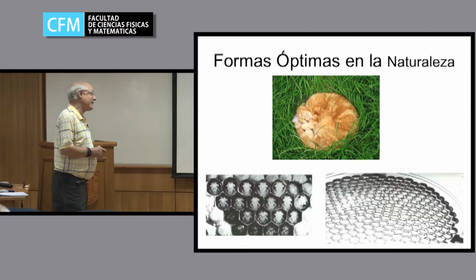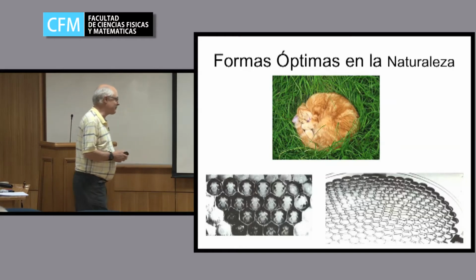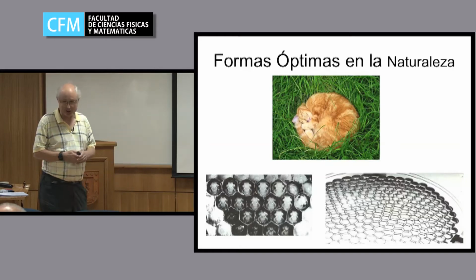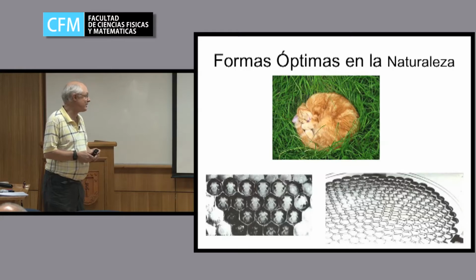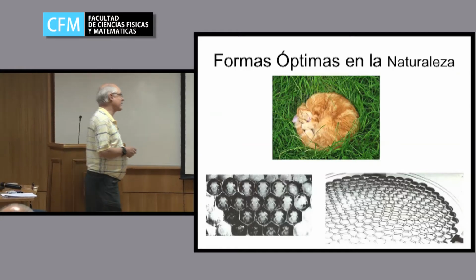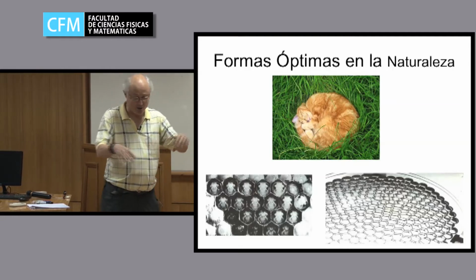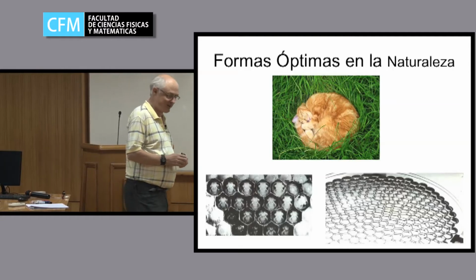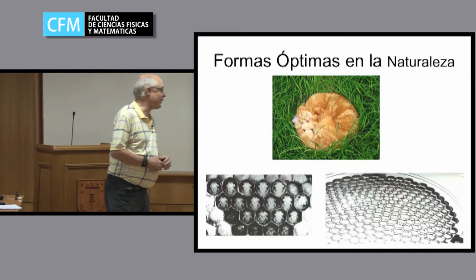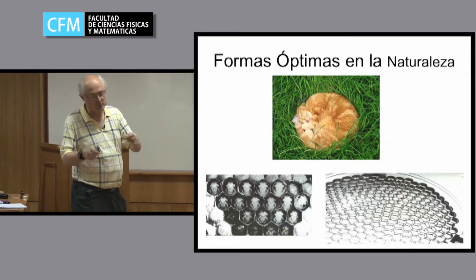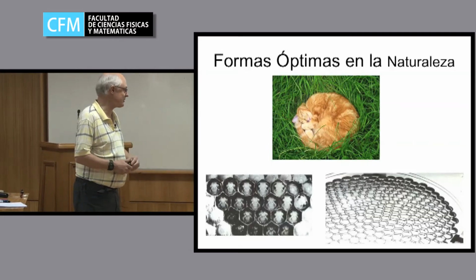And at least if you take the picture where the cat is trying to conserve heat, this makes perfect sense, because you can show mathematically that if you've got some object that's hotter than its surroundings, then it will radiate heat into its surroundings according to how much surface area is exposed to the lower temperature and so forth.